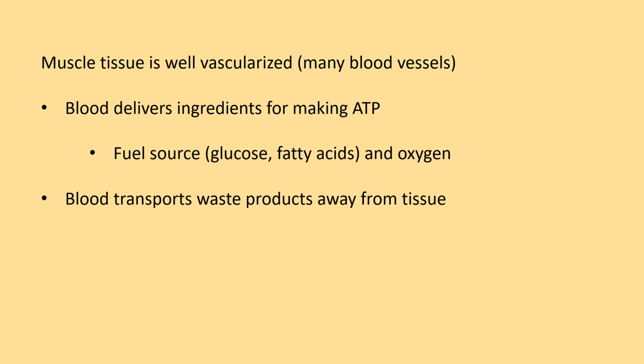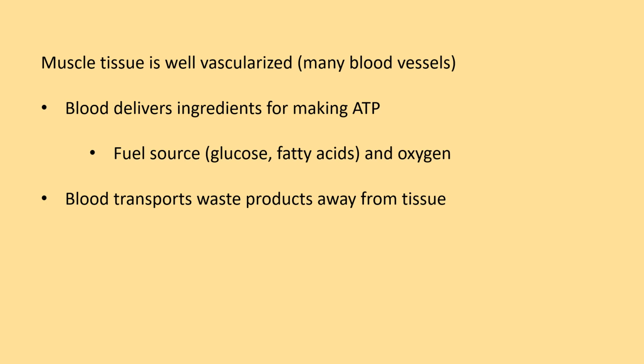So because muscle tissue has a high metabolic demand, it makes a lot of ATP and it uses a lot of ATP. It is supplied with the resources required for replenishing its ATP supply. So muscle tissue is well vascularized, and that means that there is a high density of blood vessels, particularly capillaries, in skeletal muscle tissue.